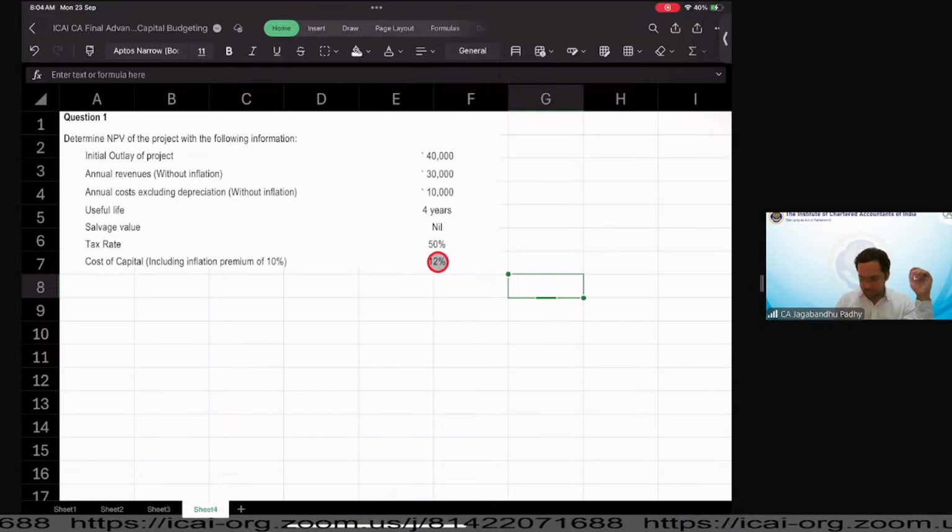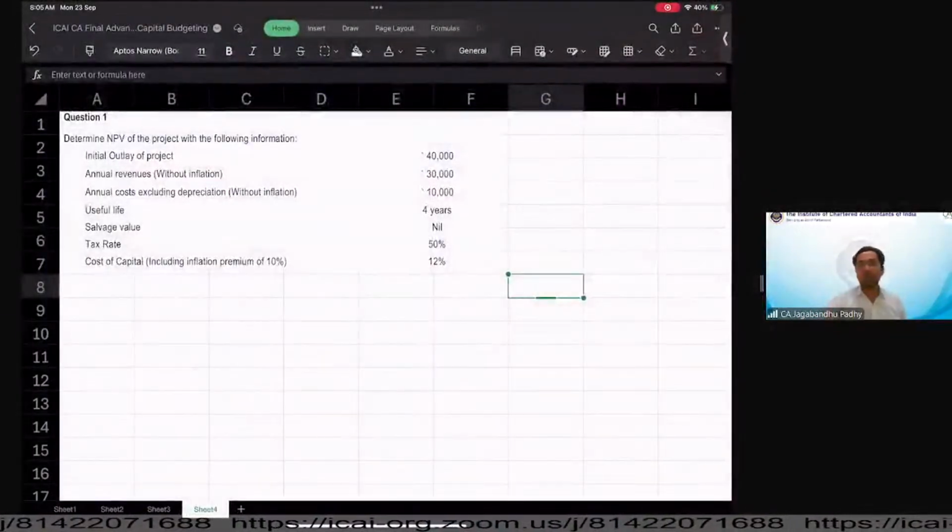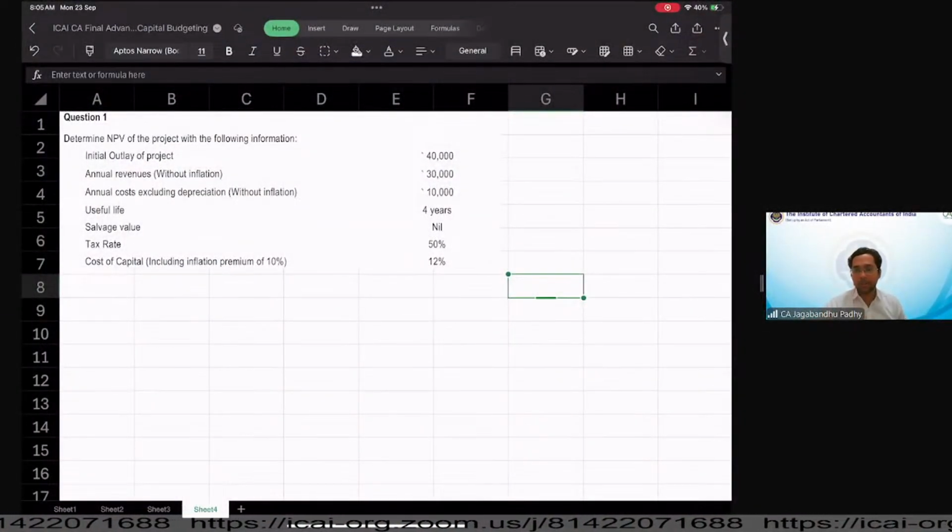So can you tell me, is this 12% rate a real rate or a nominal rate?